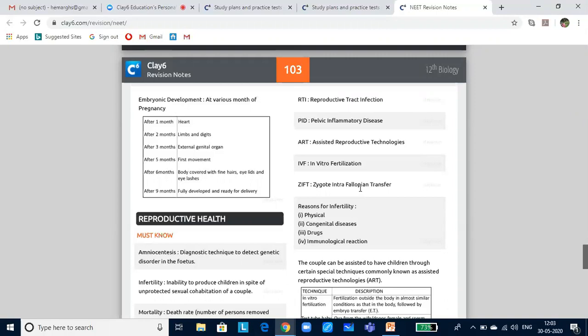They will be able to collect the stem cells and preserve them so that in case in future you have any issues, they can use your own stem cells because your body will not reject them.